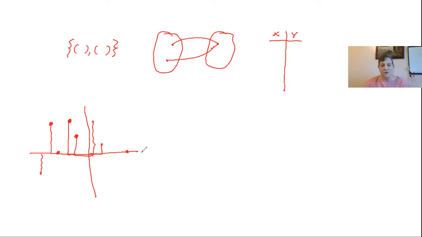Since they all have different x values, and there aren't any points that are sharing the same x value, and I would know if they shared the same x value because they would be the same distance from the y-axis, the same distance to the left or the right, this is a function.